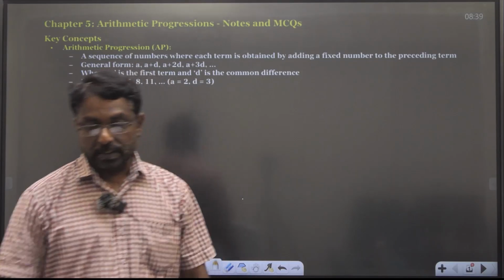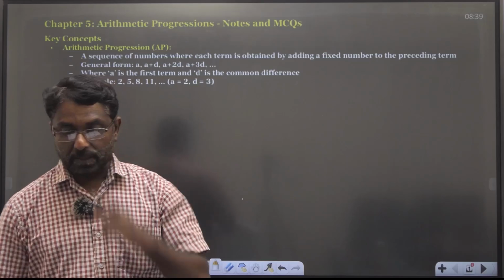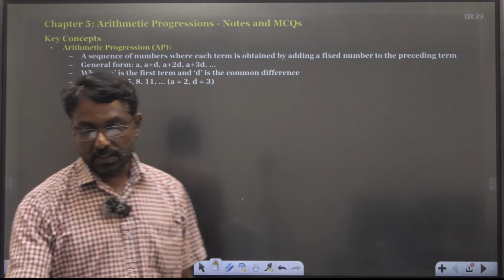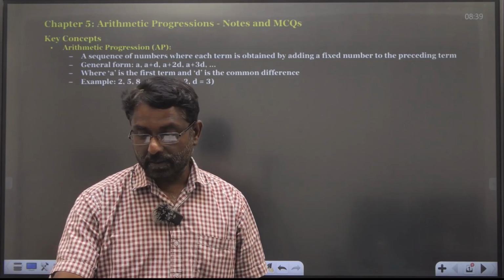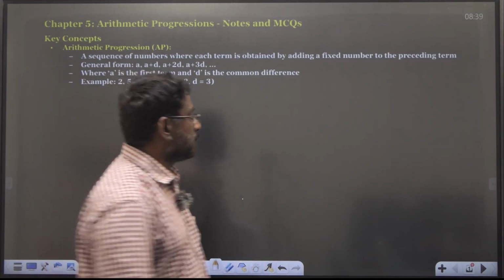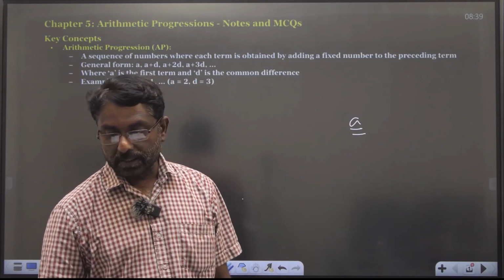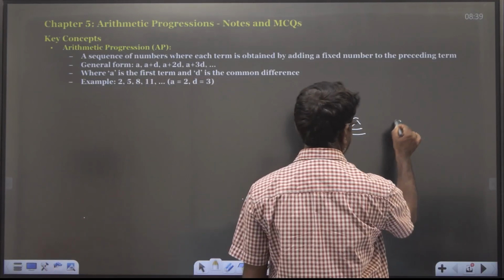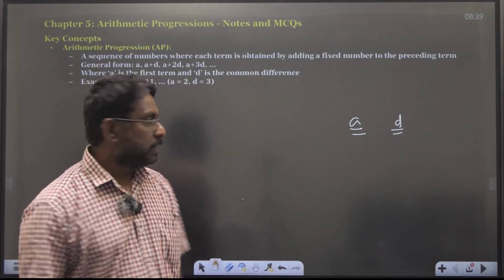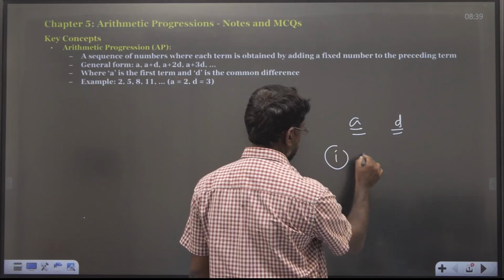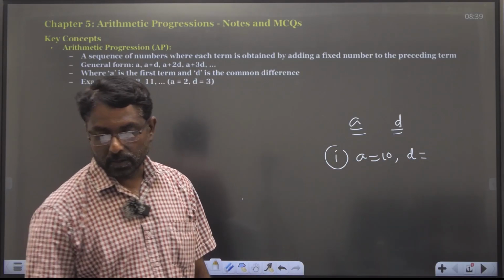Write a question. Write the first 4 terms of the AP when the first term A and the common difference D are given as A is equal to 10, D is equal to 10.